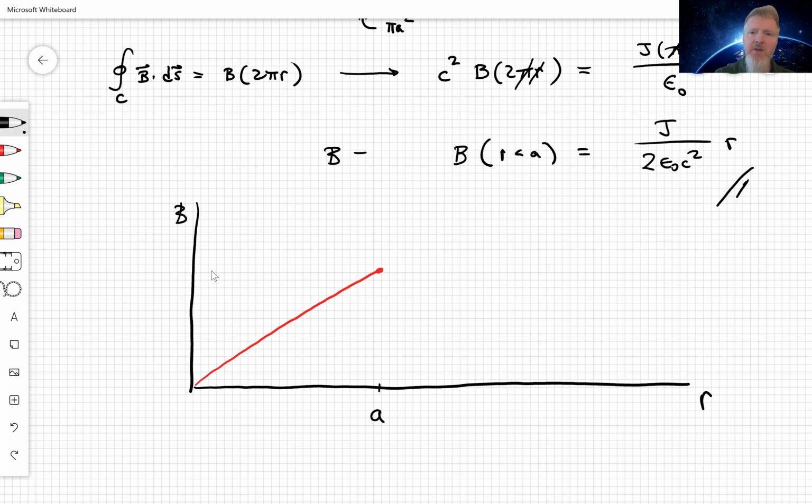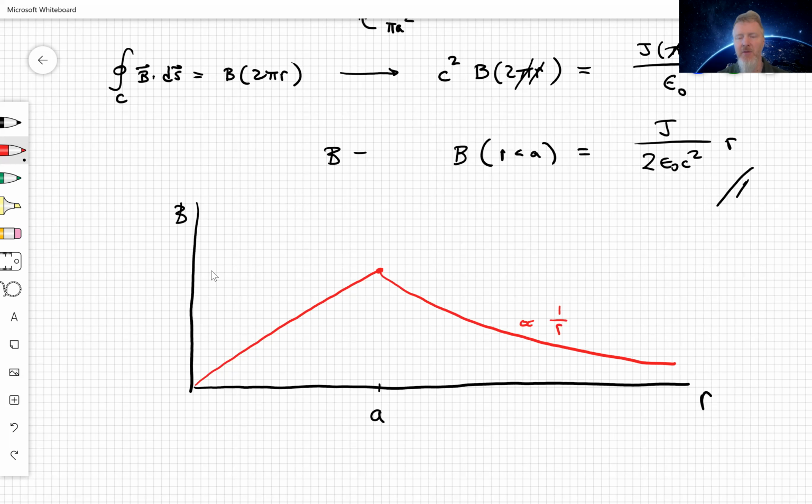So this thing here is going to be just a line proportional to r. And then as it goes past the outside of the wire at a, then, just because, like I said with Gauss's law, it's often difficult to visually distinguish between a reciprocal, 1 over r, a 1 over r squared, 1 over r cubed, e to the minus r.